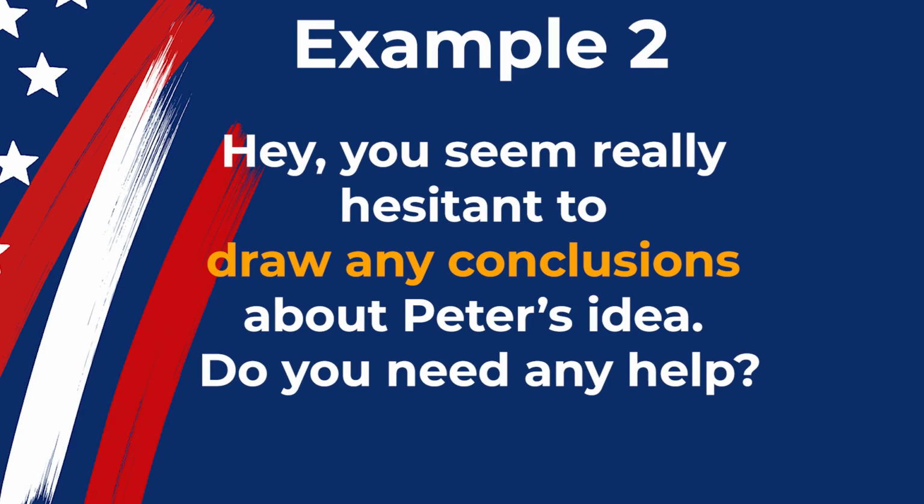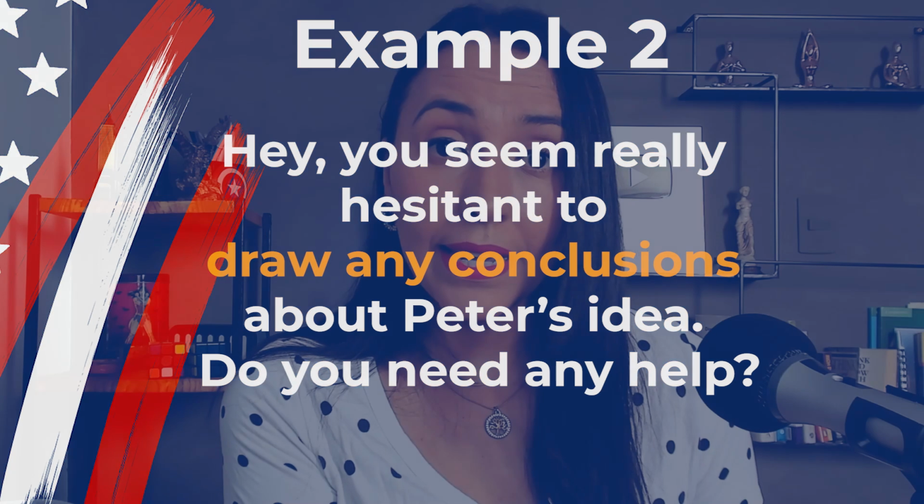Another example, take a look and try to practice. Read along with me. Hey, you seem really hesitant to draw any conclusions about Peter's idea. Do you need any help?